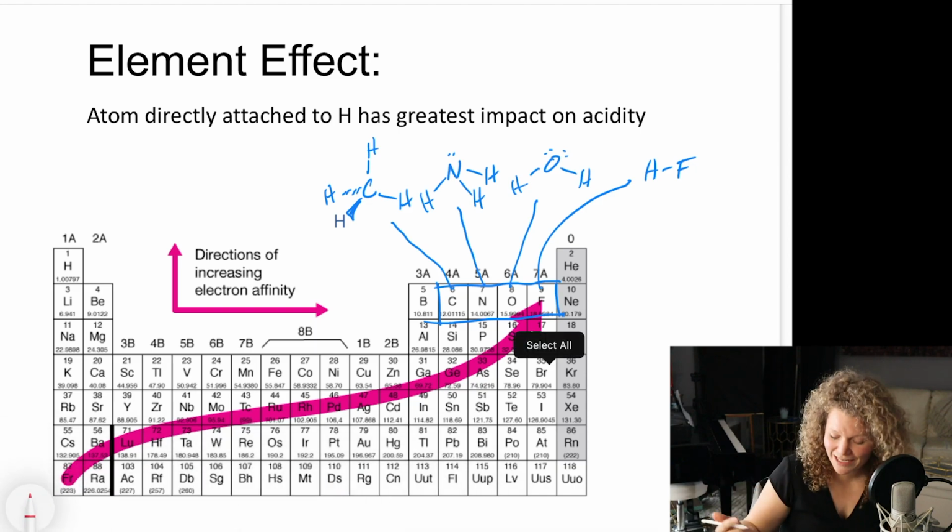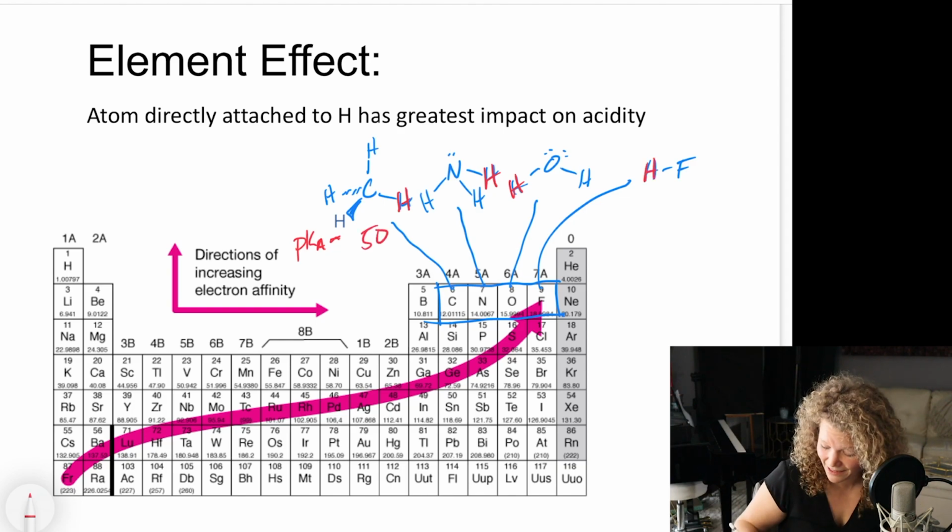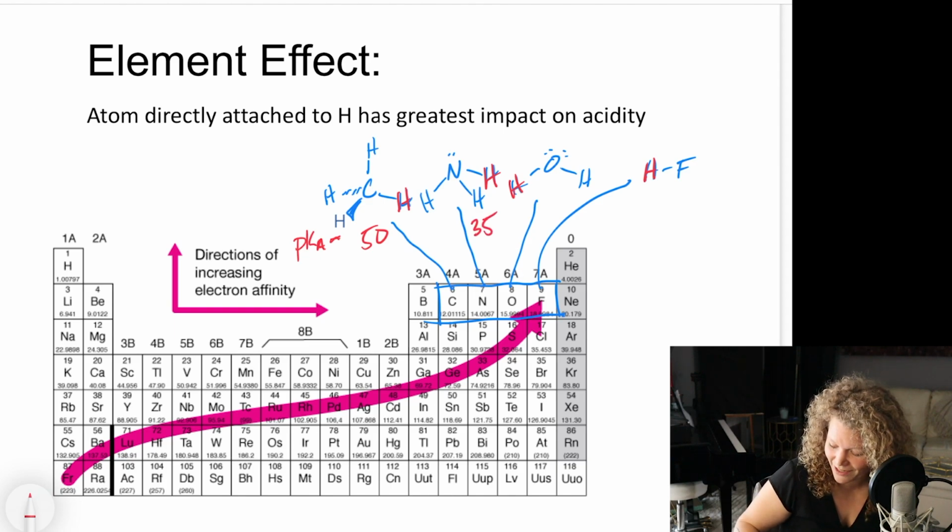The generic pKa's of these protons are as follows: pKa of around 50 for methane, around 35 for ammonia, around 15 for water, and for HF it's around 5.